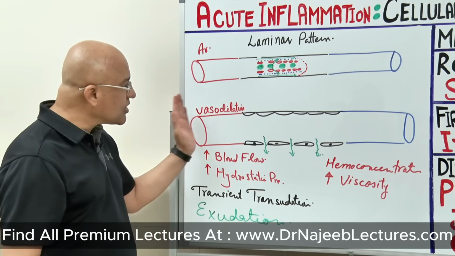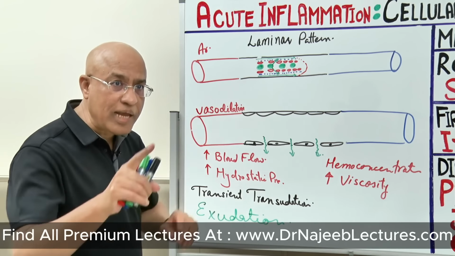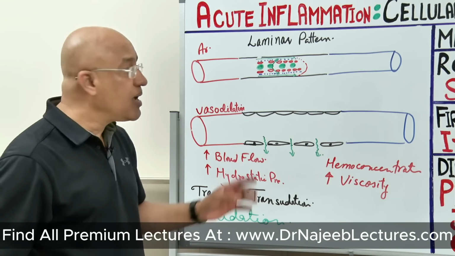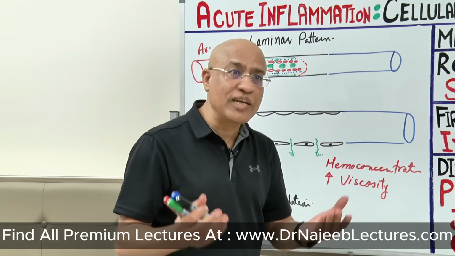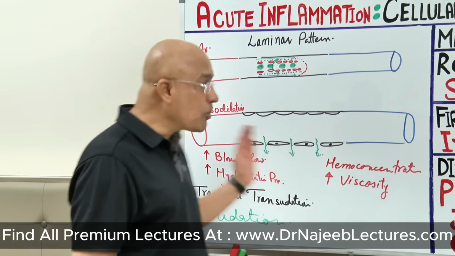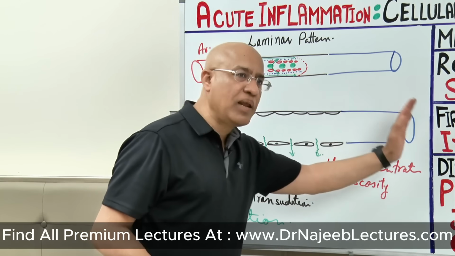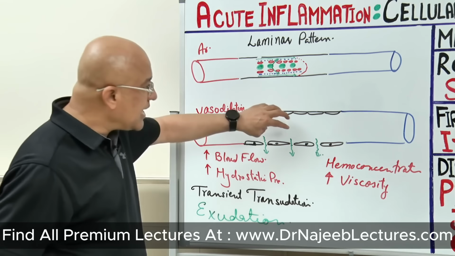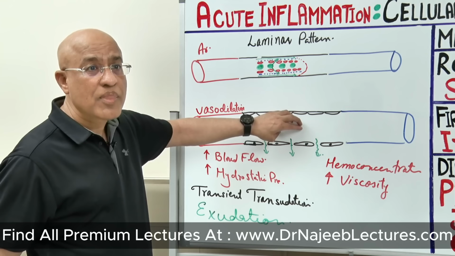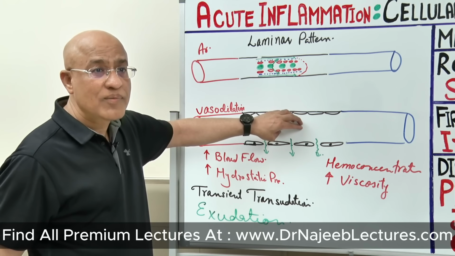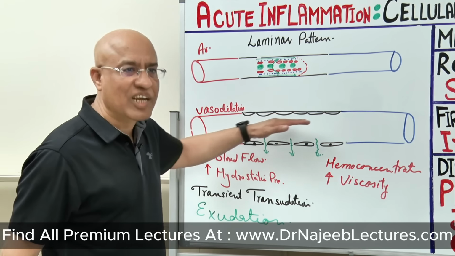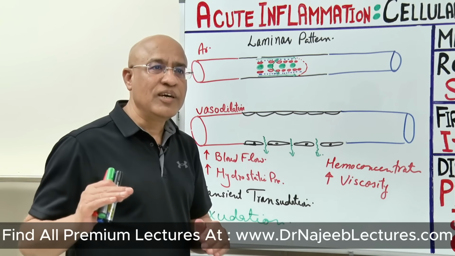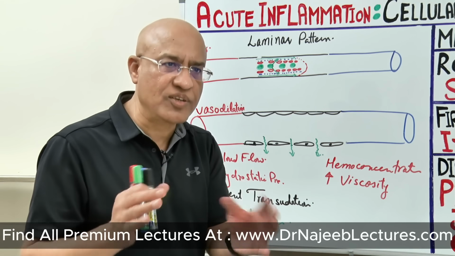More blood is coming into the inflamed microcirculatory area and less blood is leaving due to hemoconcentration and viscosity. So more blood coming in, less blood leaving. Relatively, blood flow becomes static. So we say there is relatively some stasis.